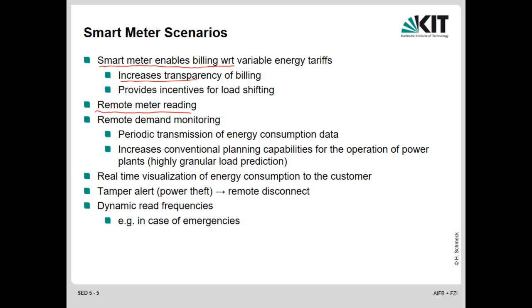And this is one of the reasons why in Scandinavia the smart meter rollout was done some years ago, because there they had a law that they should no longer only have annual meter readings, but monthly meter readings.